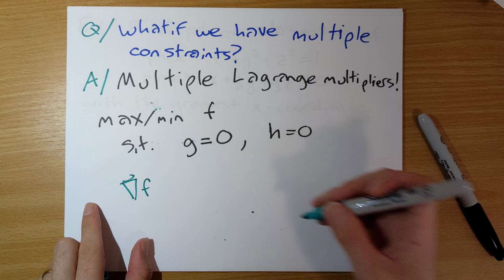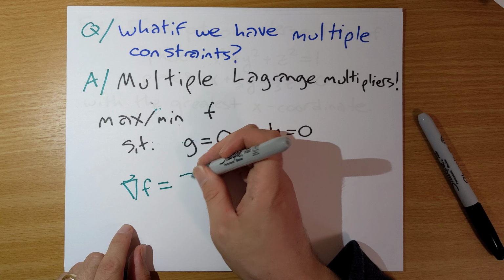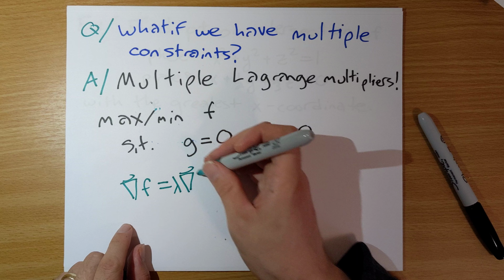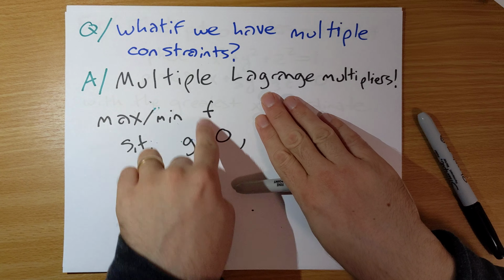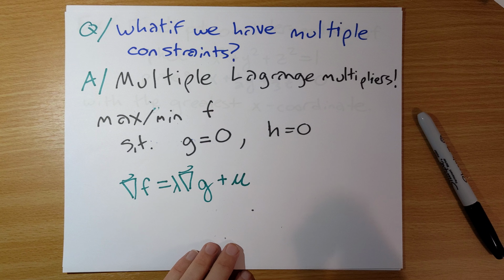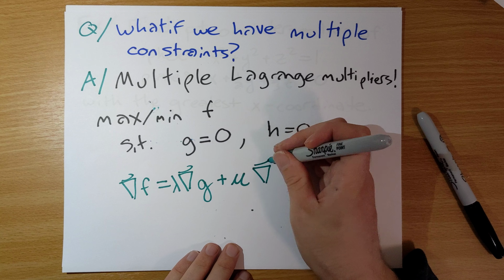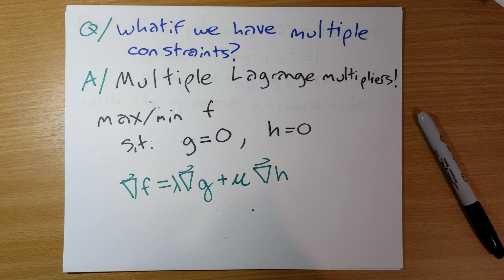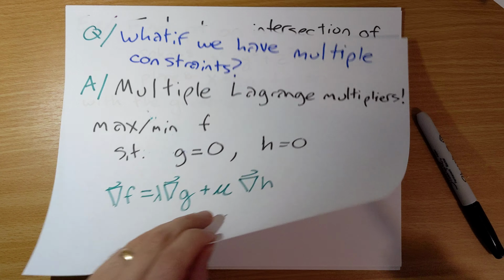Our corresponding Lagrange equation would be the gradient of f is equal to lambda times the gradient of g. If we would just stop here, this would make sense. But then plus mu, another Lagrange multiplier. So mu is going to play a parallel role to lambda here, mu times the gradient of h. Okay, so this is something we can do.